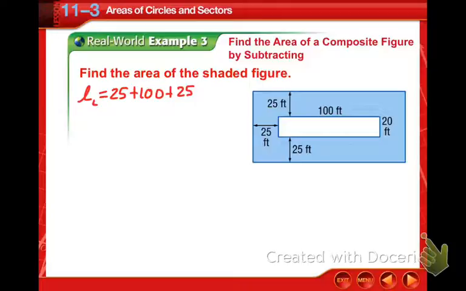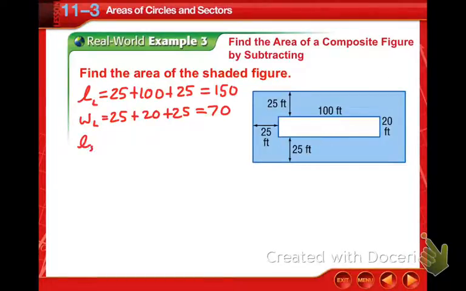It doesn't really say that that's 25, but it's pretty much assumed that it is. So that comes out to be 150. Our width for the large rectangle is 25 plus 20 plus 25, so 70.